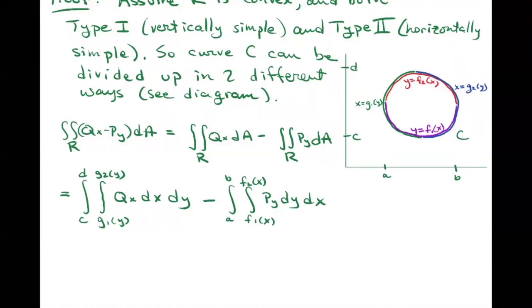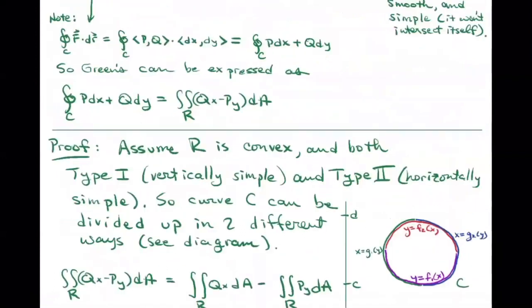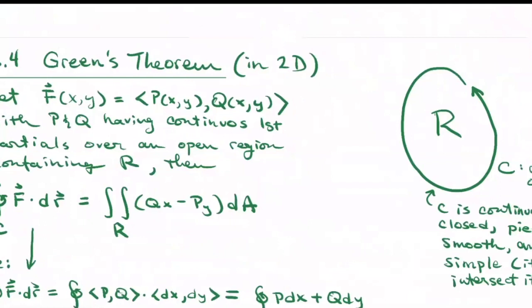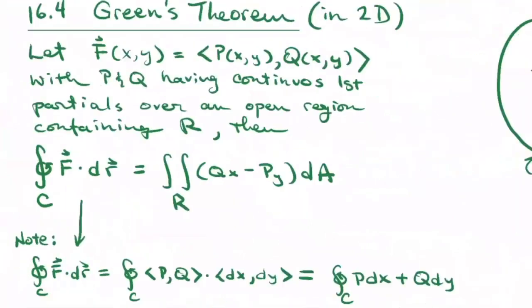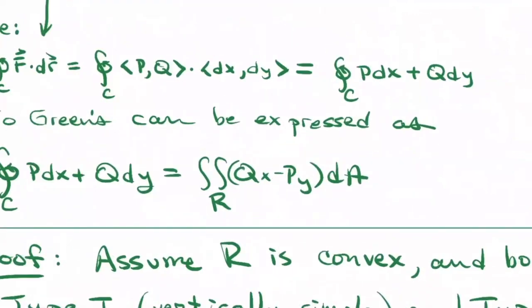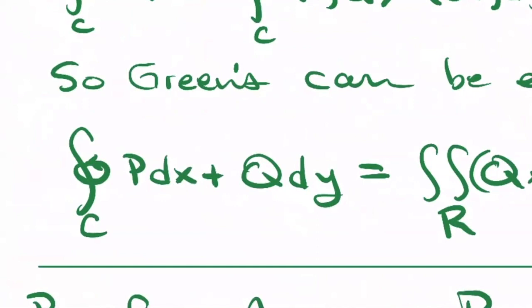Now, again, these are derivatives with corresponding antiderivatives. So it makes sense to just evaluate directly. So you can see how these turn into single integrals. Remember, Green's theorem says that the double integral can be written as a single integral over a curve. So, and probably easier to express it this way, the double integral being written as really two single integrals here.